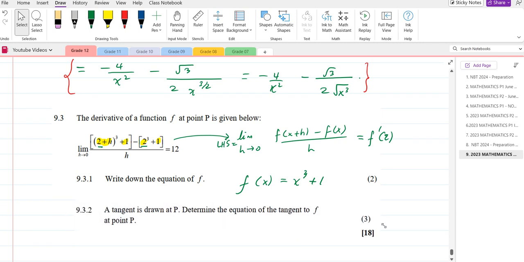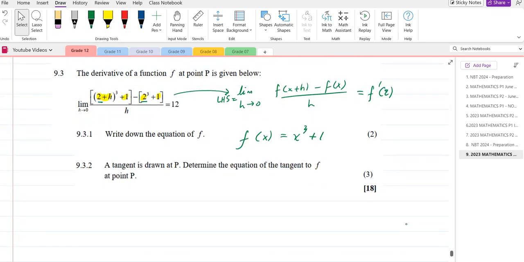A tangent is drawn at P. Determine the equation of the tangent to f at point P. Now remember, the important value here is x. So we know we have f prime 2, and we know that we have f. What does f prime x represent? We need to ask ourselves that question. Remember, f prime x represents the gradient function.